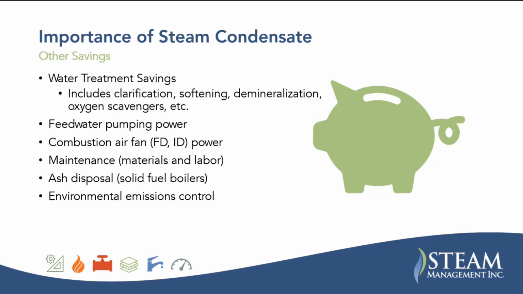So the rest of these savings are associated with a reduction in boiler load, which comes from collecting condensate. So you reduce the boiler load, you reduce the feed water pumping power required, combustion air fan power, any maintenance associated. Then for large solid fuel boilers, you have ash disposal costs.